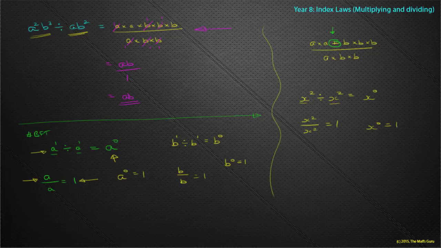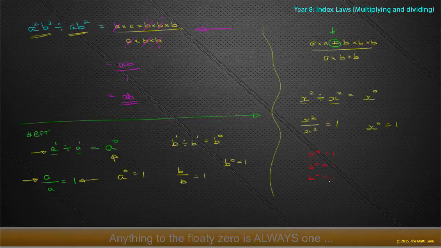And here, ladies and gentlemen, is the big fat trick. It is the thing you need to know. It's the one thing that is the biggest trick of all the floaty numbers. And it is this. Let's watch. x to the floaty 0, 1. a to the floaty 0, 1. b to the floaty 0, 1.